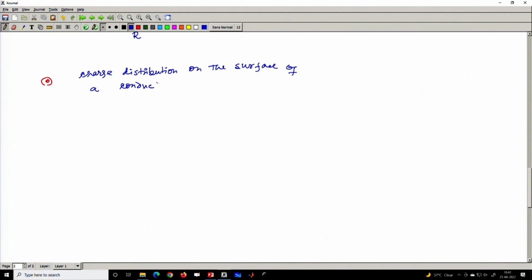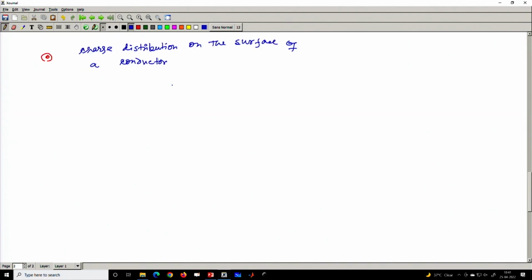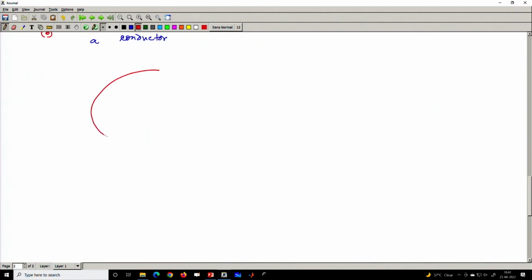We mentioned that the charge will be distributed over the surface for a given conductor always, but the charge distribution may not be uniform. So, that is the point I try to make. Suppose I have a conductor with this kind of shape. This is a conductor, this is not a sphere, but a shape like this. I have a sharp edge here.